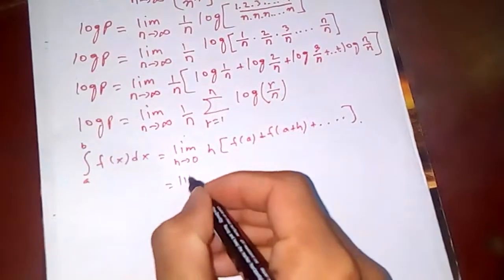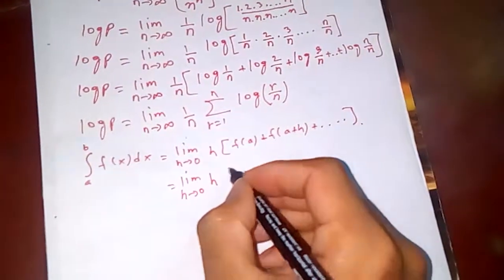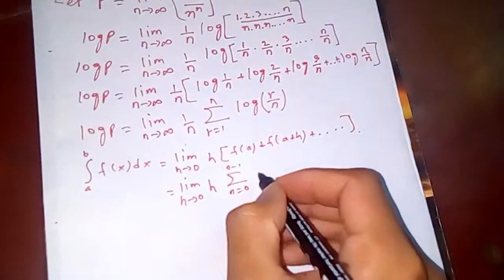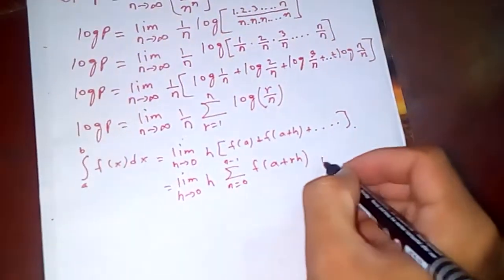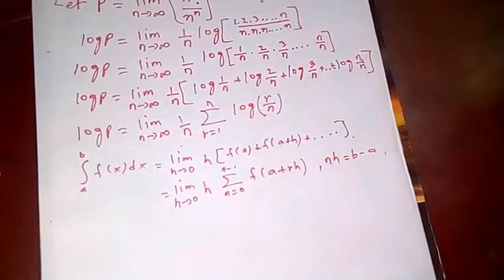So this I can rewrite as limit h tends to 0 h sum from r equal to 0 to n minus 1 f of a plus rh, where nh is equal to b minus a. This one we know already.